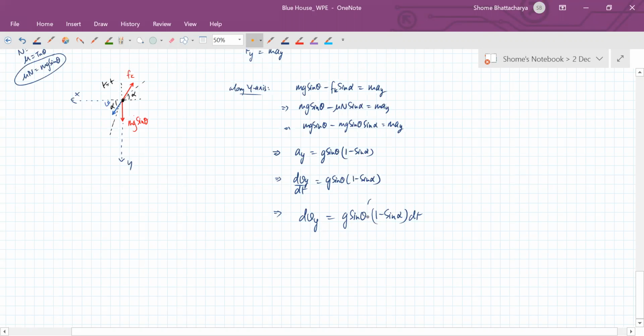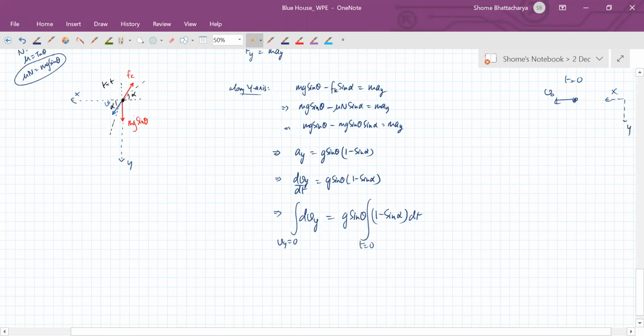Now we integrate this. Now you can see that when the motion had started at t equal to 0, the velocity was like this. So the y component of velocity was how much initially? It was 0 at time t equal to 0. The motion had started with you giving the object a push along the x-axis.